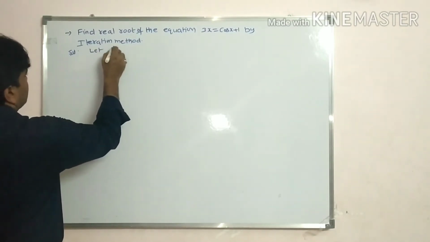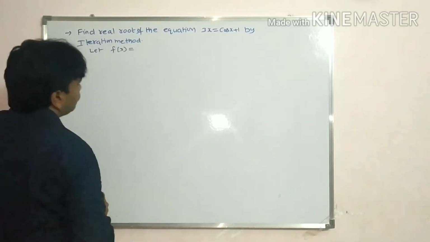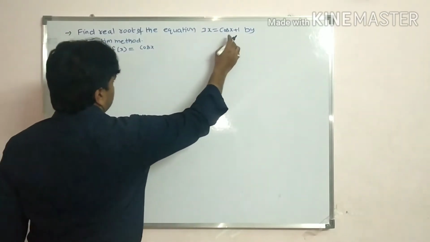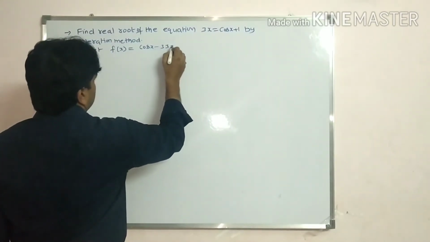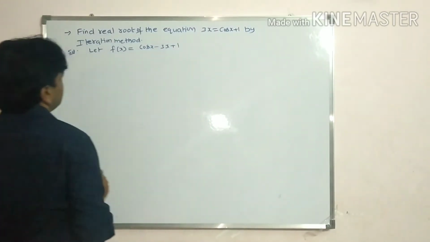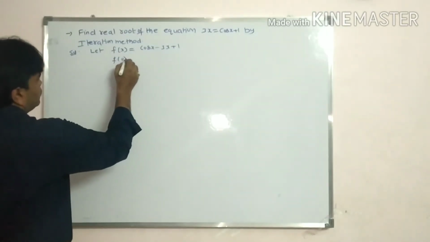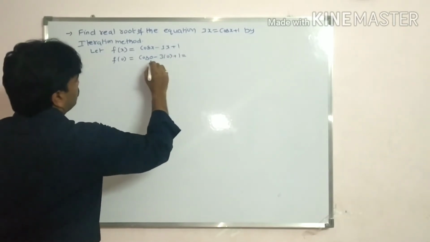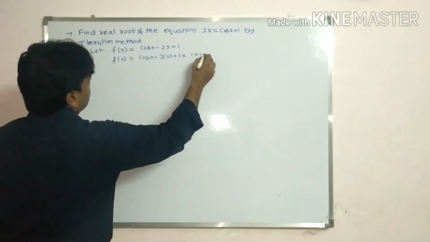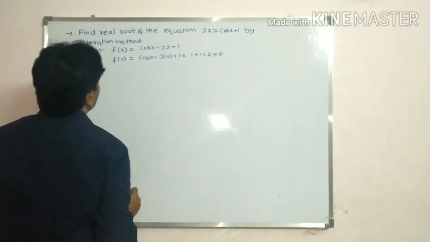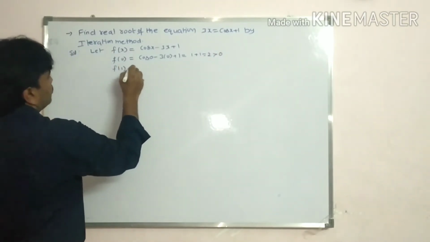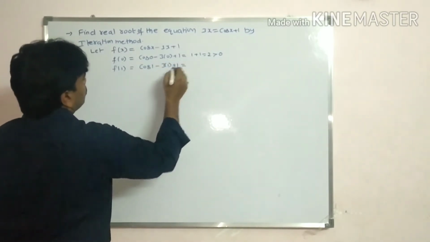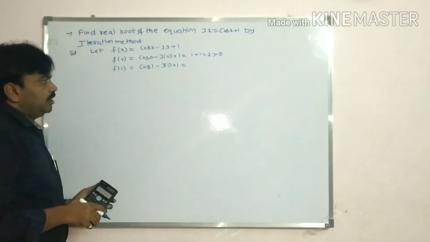Let f of x is equal to cos x. You transpose 3x to the right hand side, students, so minus 3x plus 1. As usual, you substitute f of 0. You get cos 0 minus 3 into 0 plus 1, so that is equal to cos 0 value is 1, plus 1, which is greater than 0. And f of 1 is cos 1 minus 3 into 1 plus 1. You operate the calculator here, students.